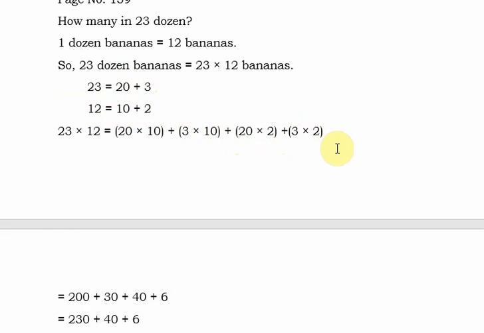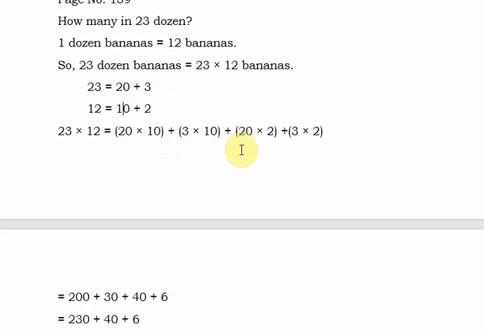I will tell once more. 23 is written as 20 plus 3, and this 12 is written as 10 plus 2. So first we have to consider this number as full. Okay. 20 into 10. First we have to take the number 10 from here. First I have to take 10 only. So 20 into 10 plus 3 into 10.